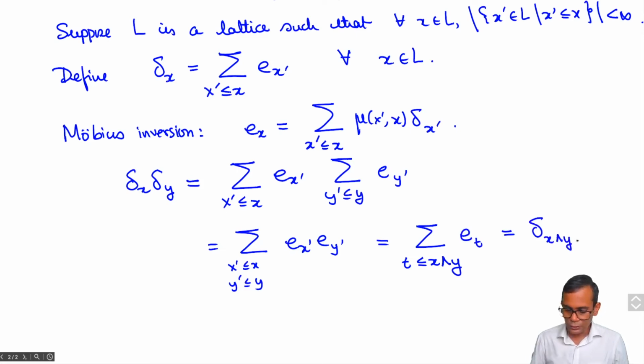So the lattice structure on L gets beautifully reflected in this basis. Now, based on this, we will give a proof of Weisner's theorem.